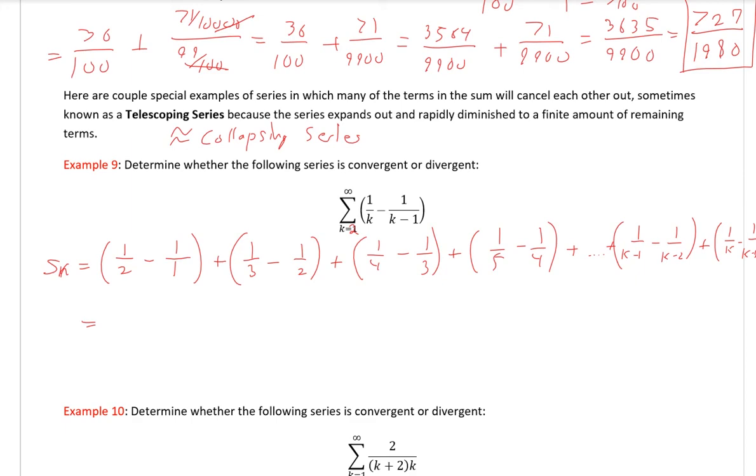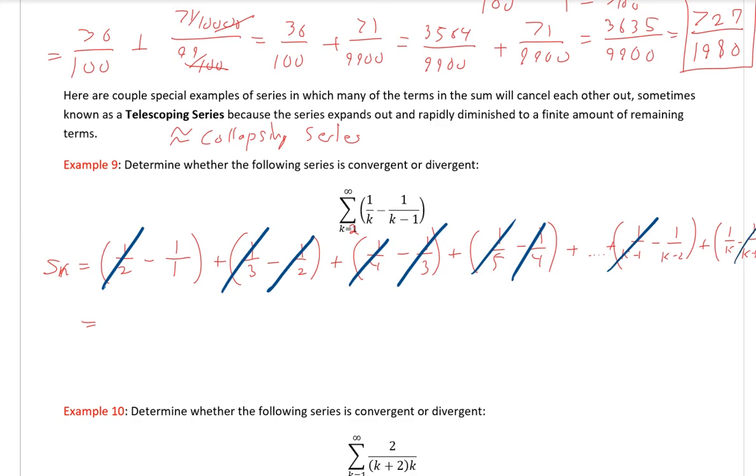The reason we collapse is because we see a lot of these fractions show up. Specifically, 1/2 minus 1/2, gone. Positive 1/3 minus 1/3, gone. 1/4 minus 1/4, gone, etc., etc. All these are going to cancel out up to a point. I even see 1 over k minus 1 and k minus 1, gone.